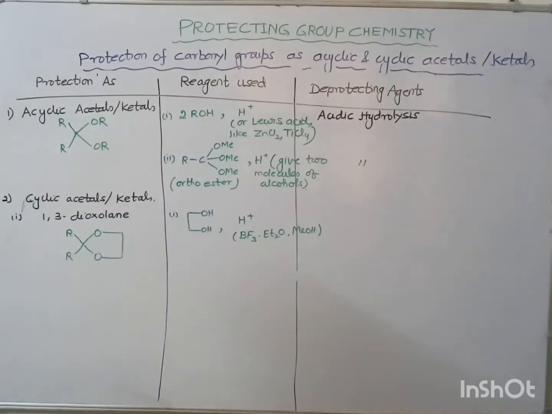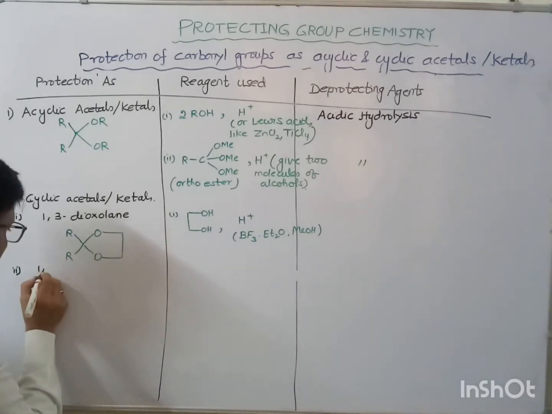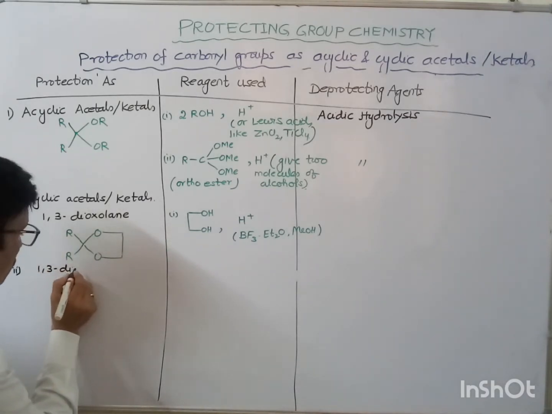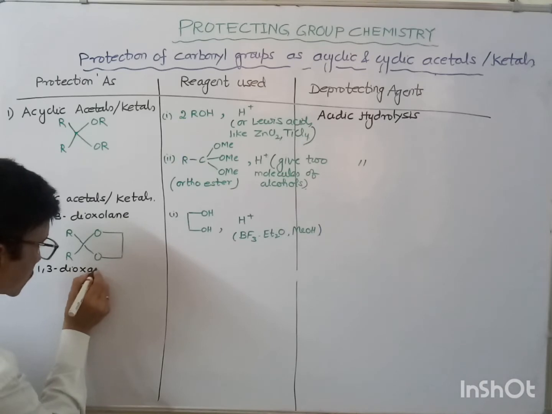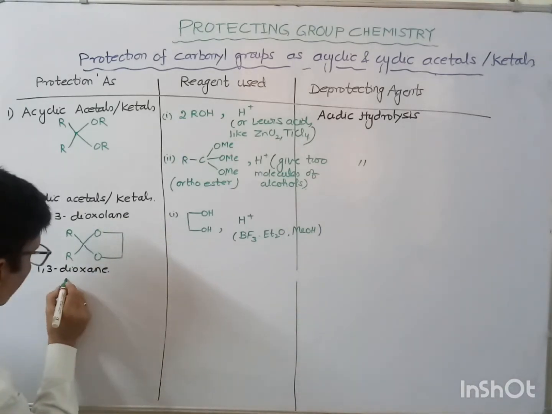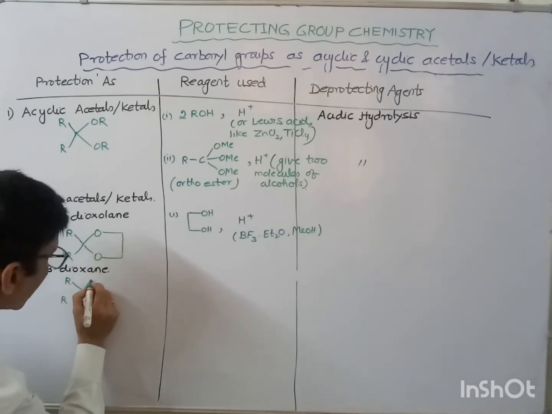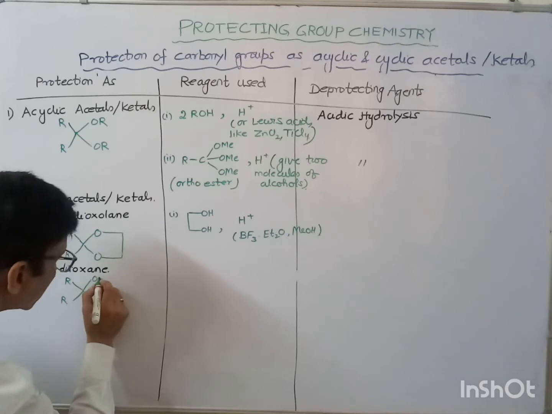Now, or we can convert this carbonyl compound into 1,3-dioxane. For this we convert the carbonyl compound into a 6-membered ring.